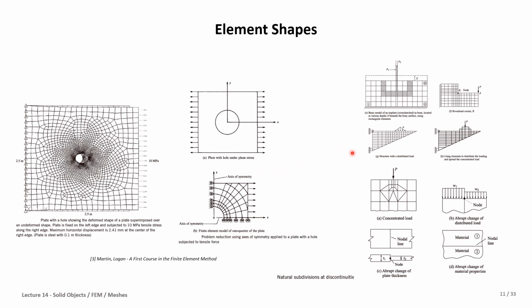And there is another example of the meshing, as you can see here, depending on the forces, if it's distributed or if it's a concentrated load, and what the shape of the domain looks like.